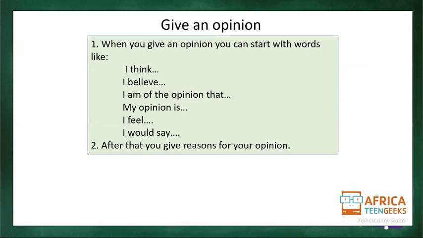So who would like to give an opinion? I've got 4 things here to give an opinion on, but I'll have 4 different persons. Who would like to give an opinion about the future of COVID-19? You'll start with one of those words, I think, I believe, and then you give your reasons. Who would like to do that?